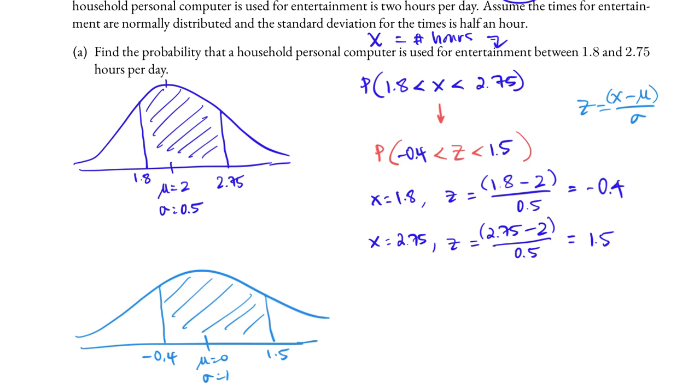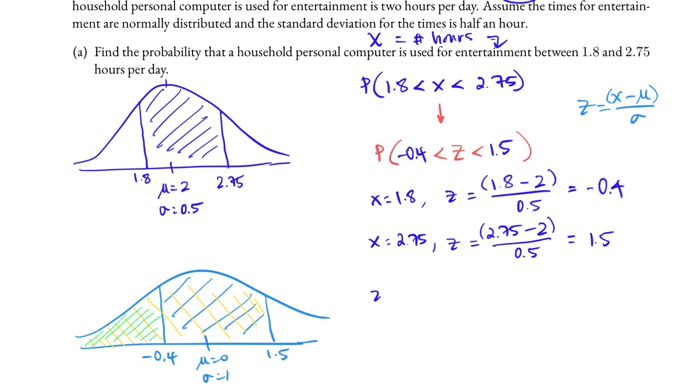However, the negative is on the left-hand side of the mean and the positive z-score is on the right-hand side. To find this area using the table, we first find the area on the left-hand side of the larger z-score, and then find the area on the left-hand side of the smaller z-score.